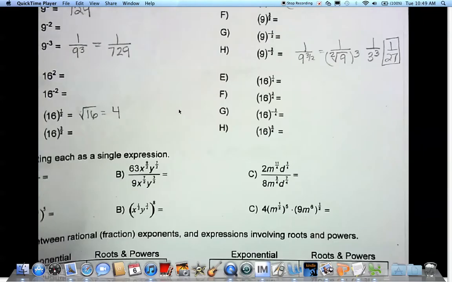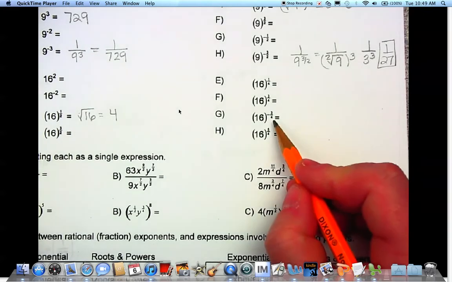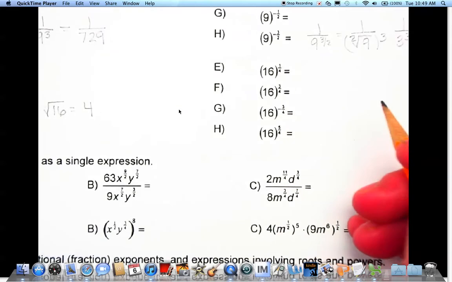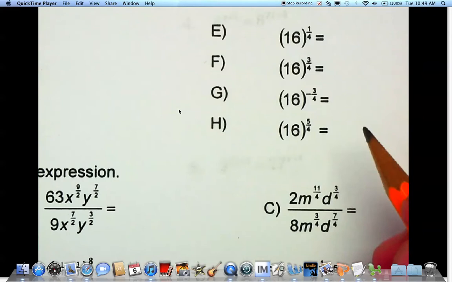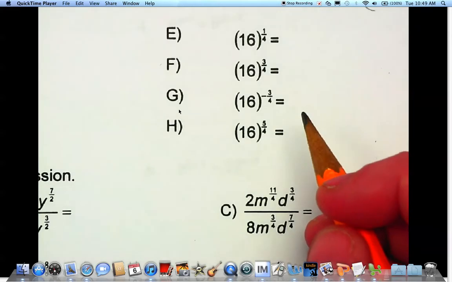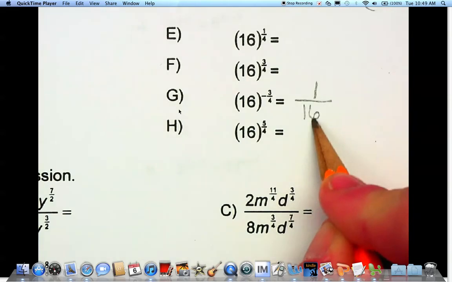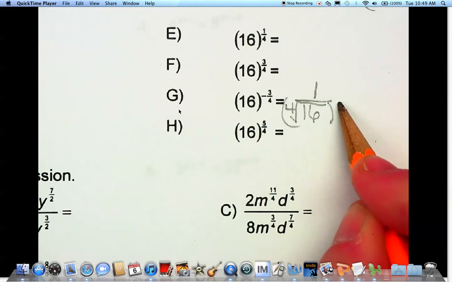Okay, then let's go to G. 16 to the negative, is that a 3? 16 to the negative 3/4. Okay, how would you start it? Over 1. 4th root of 16 to the 3rd power.